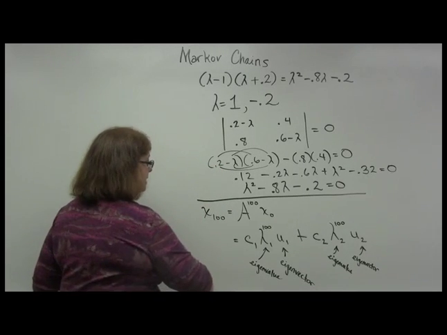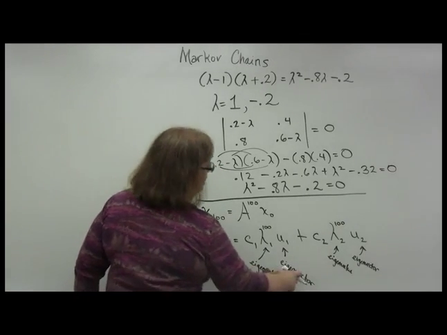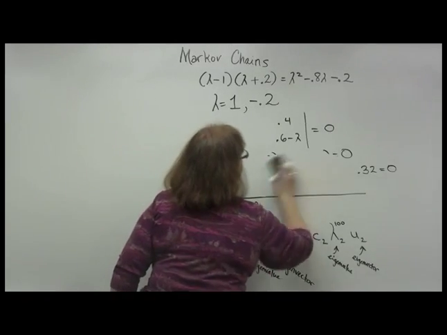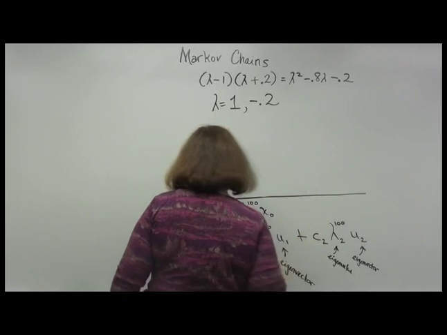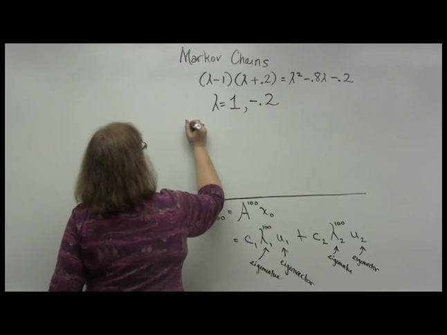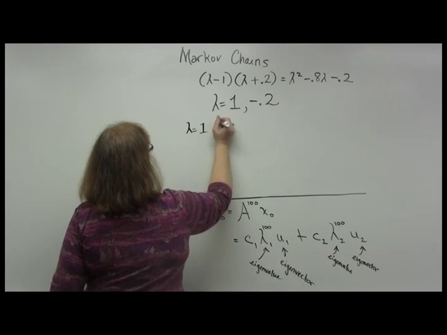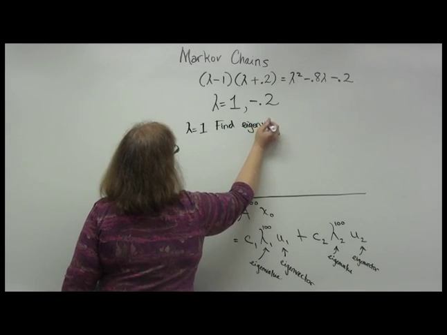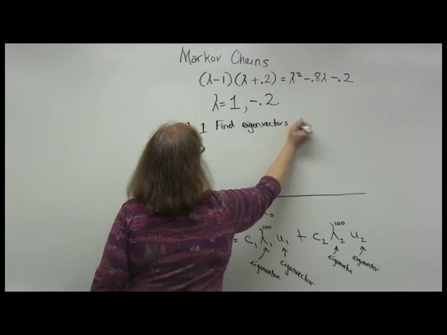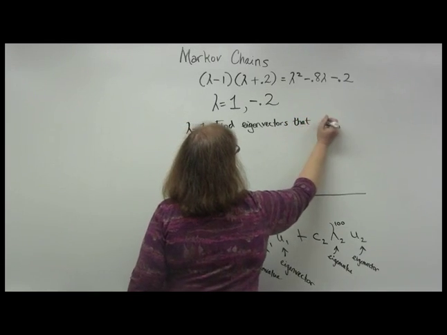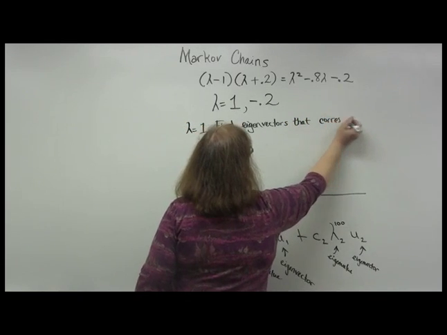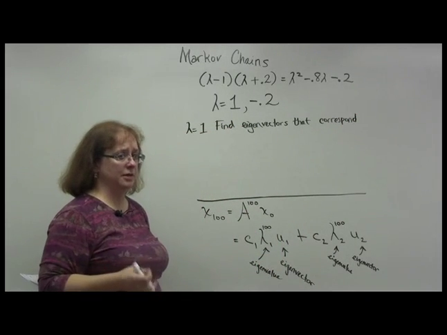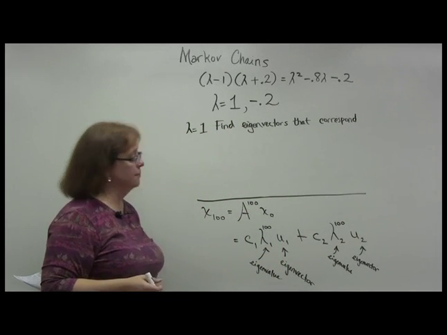Okay, I also need eigenvectors, right? Eigenvalues and eigenvectors. So I'm going to have to calculate my eigenvectors that correspond to each of these guys. So let's start with our lambda equal 1. Now remember, there are always infinitely many eigenvectors for every eigenvalue.